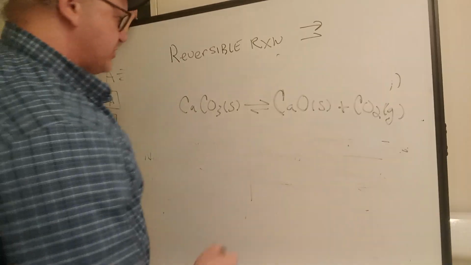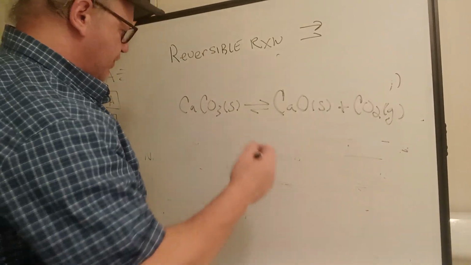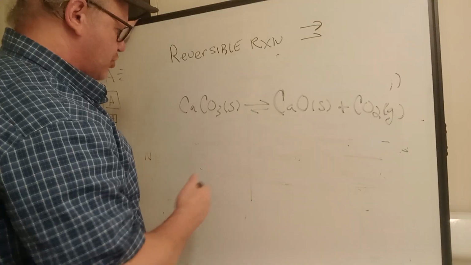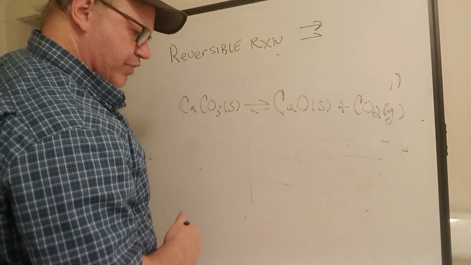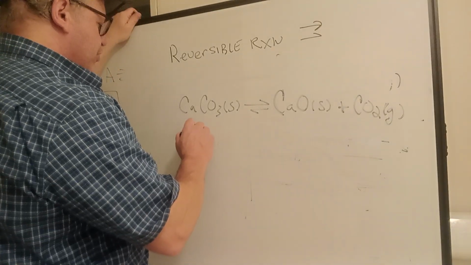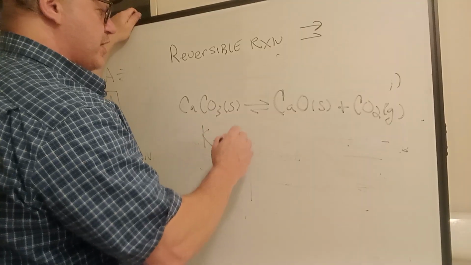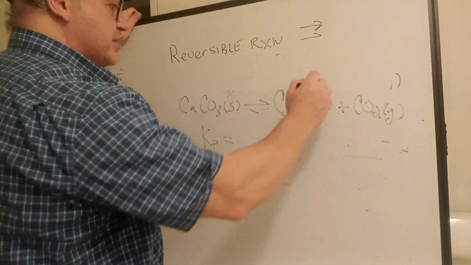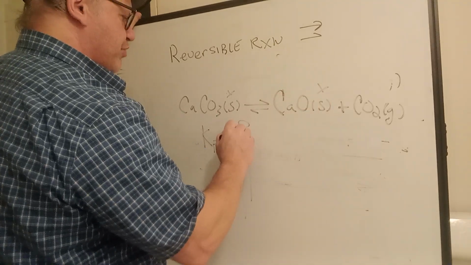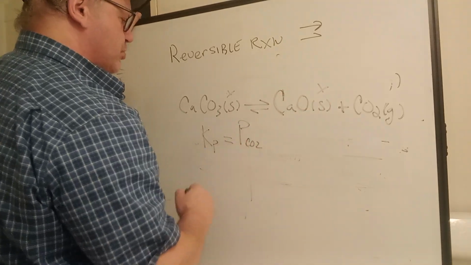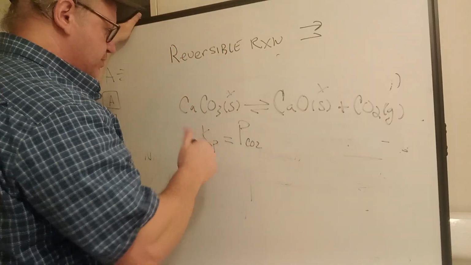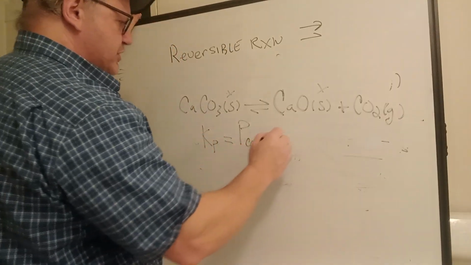So in that case, let's focus on the equilibrium constant. The reaction quotients follow the same rule set in terms of what we can write. If we wanted to write Kp, we ignore the solids, and it would just be the partial pressure of CO2 in atmospheres, whatever it is. And we would write Qp similarly.